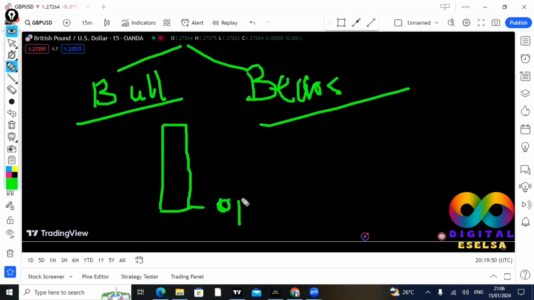This is where the open price is for a bullish candlestick, and this is where the close price is. The bulls push the market from below up. That is how the bulls operate, and that is why the open price is usually down and the close price is up. Now let me explain again another way.